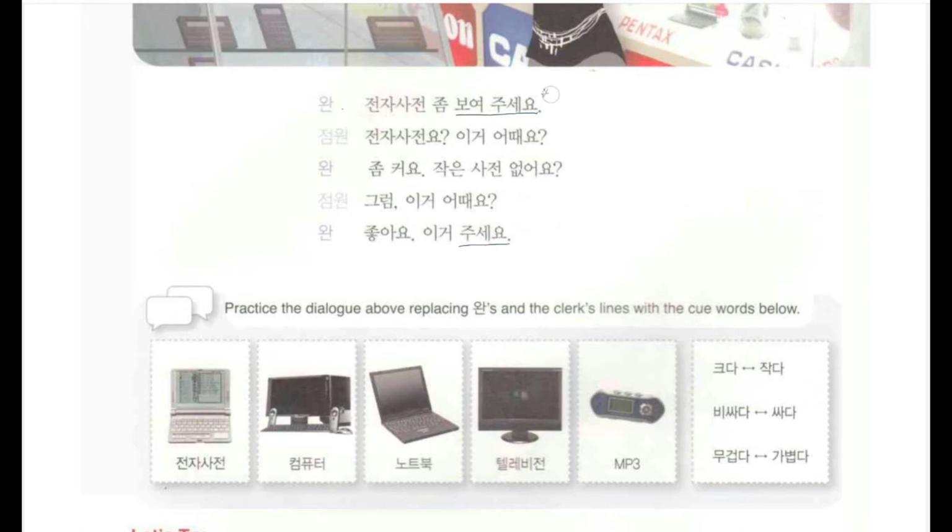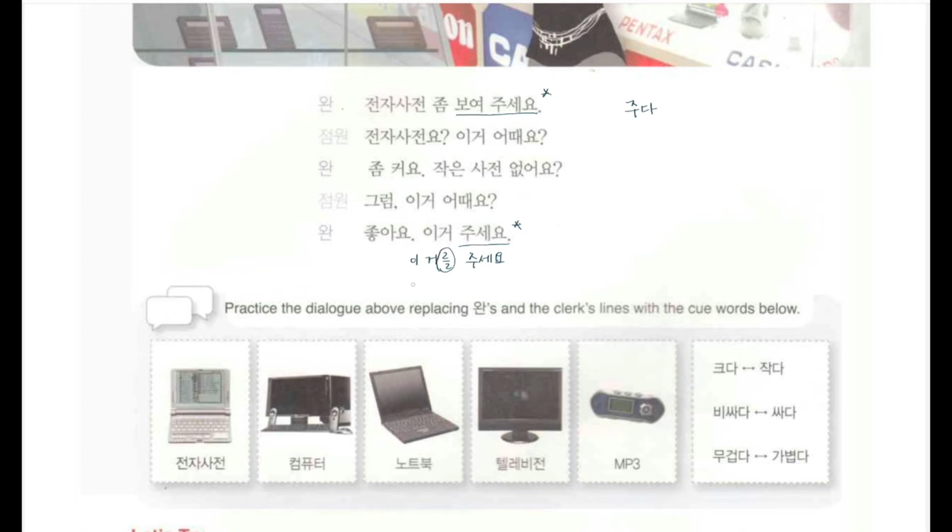자, first of all, this 보여주세요 is different from 주세요, isn't it? 주세요, 주다 is to give. So to complete this sentence grammatically, you need 이거를 주세요, isn't it? We need an object marker here.